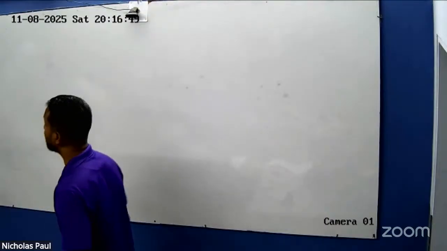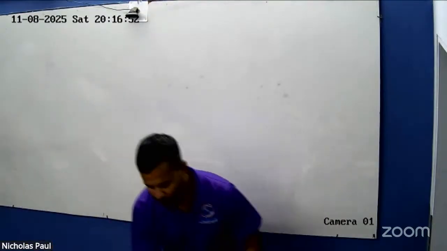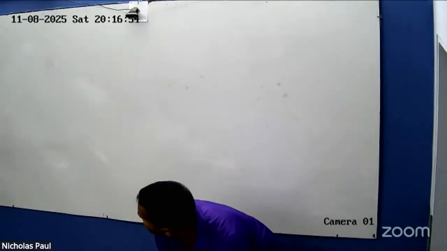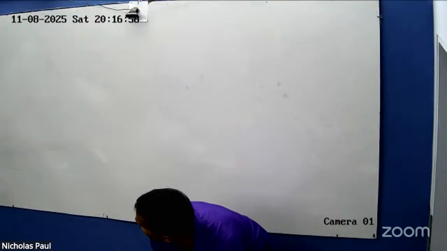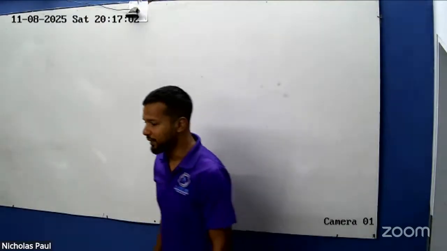All right, so last week we continued with indices and we did the solve simultaneous, right? So we got to practice the solve simultaneous as well last week. I showed you all the substitution techniques, right?